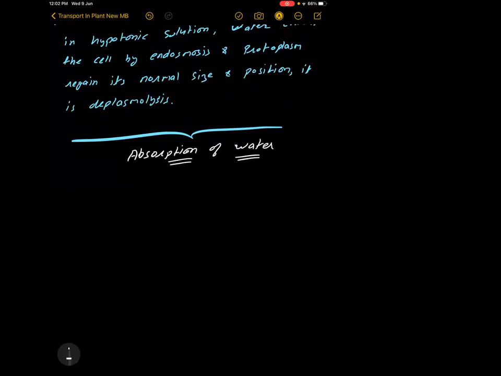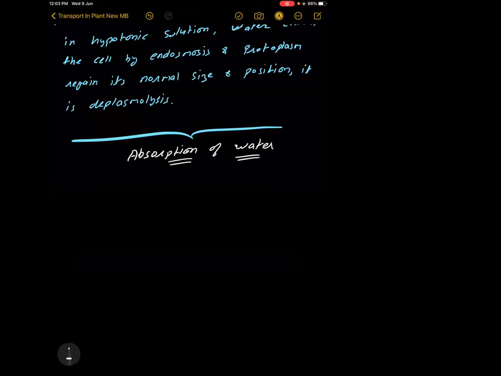Absorption of water. Here in the incipient condition, it is plasmolysed. It means gradually turgor pressure increases. Turgor pressure is produced because water is entering. So water exerts a pressure on the wall.